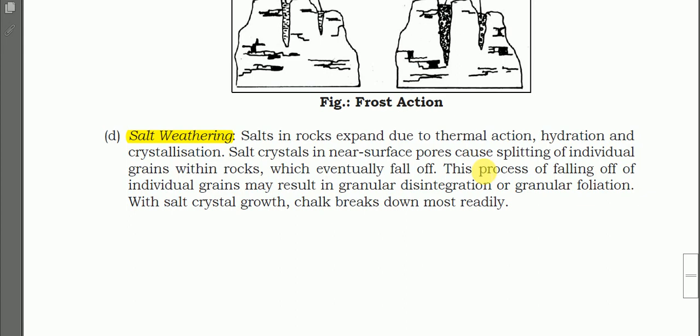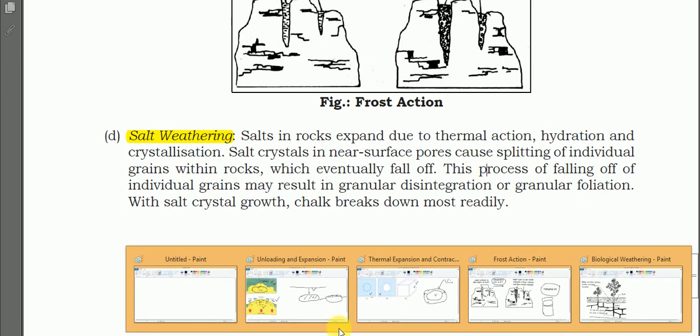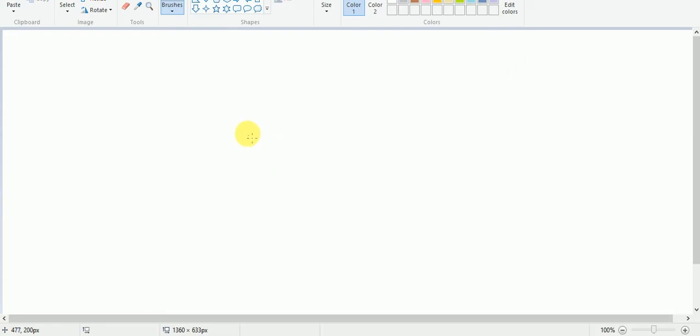See here, in the case of salt weathering, this is a rock. Let us say some crystals of salt are found here, and when it is heated, or when water is absorbed, the hydration process will be there, and these salt crystals will expand more than the other crystals.